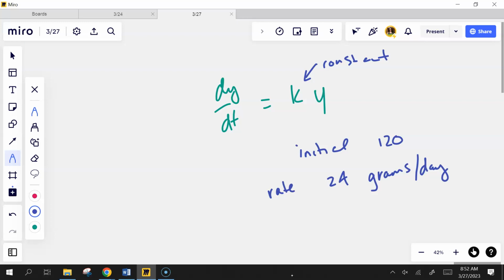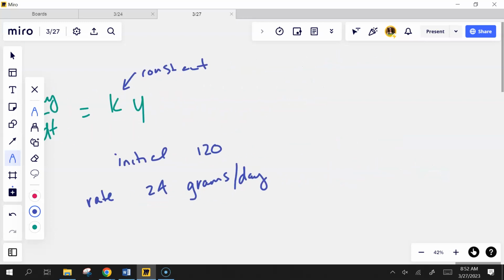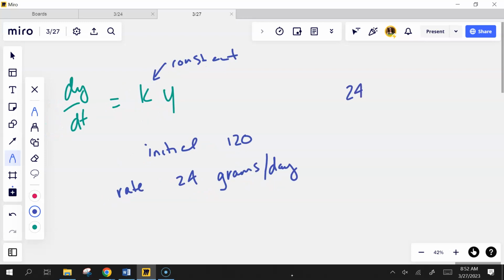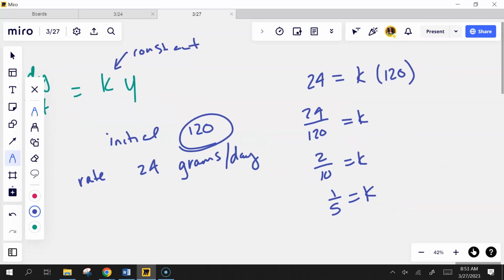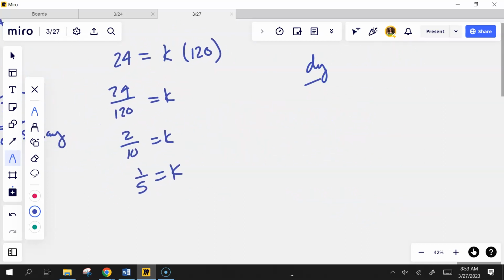All right, so here's how I found K first. I said, well, if it's 24 grams per day, and that is at that initial amount at 120, I solved it for K. So now I have dy dt equals 1/5 times y.